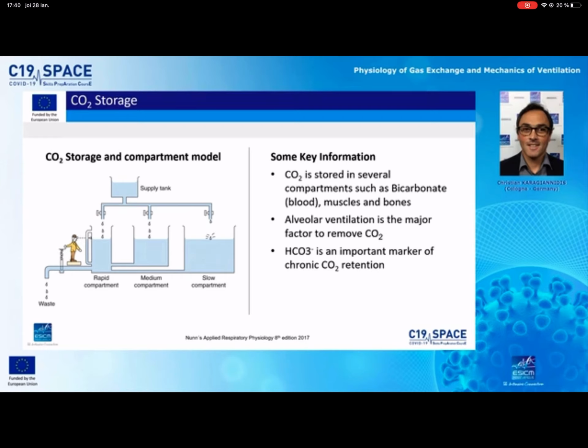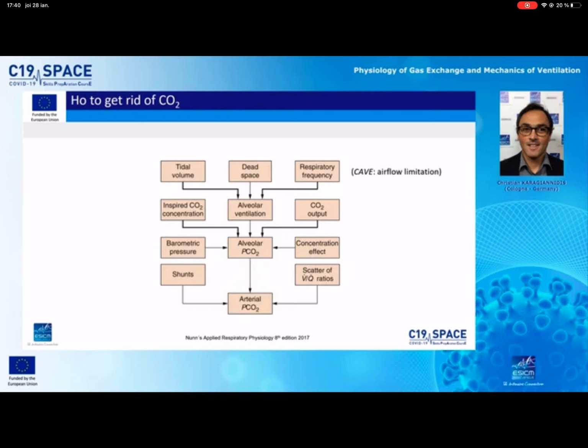One major point to treat COVID-19 patients, to my mind, is that alveolar ventilation is the major factor to remove CO2 from the body. And if you have to treat a patient with COVID-19, alveolar ventilation is very much influenced by the tidal volume on the one hand and also by the respiratory frequency.